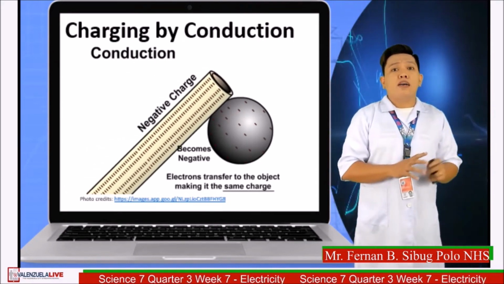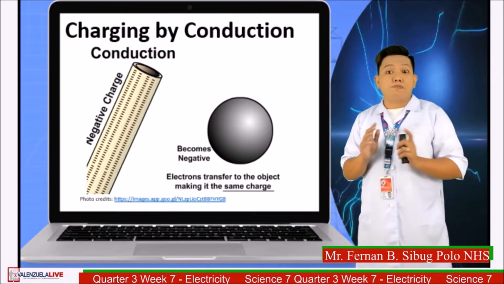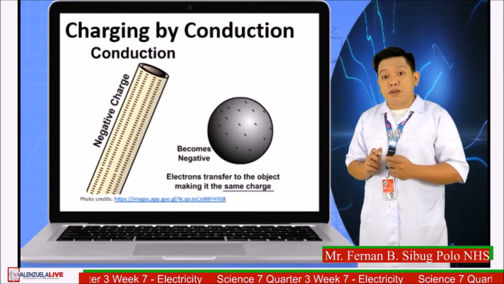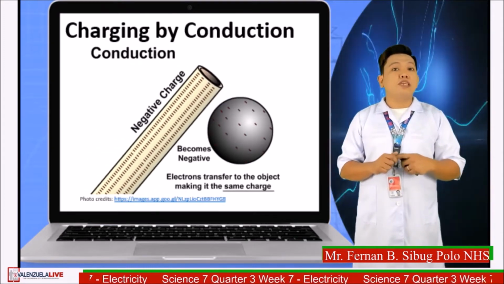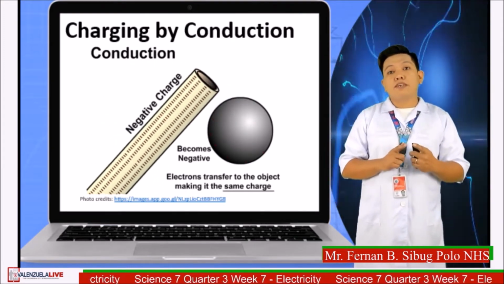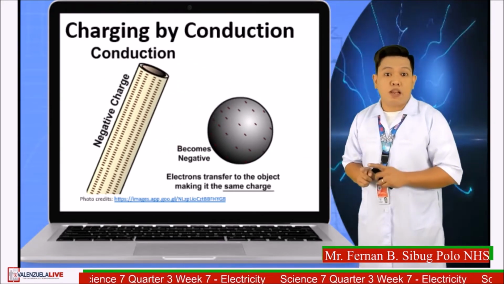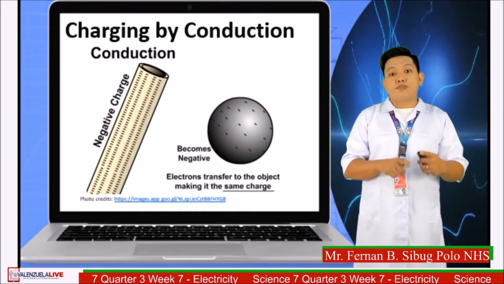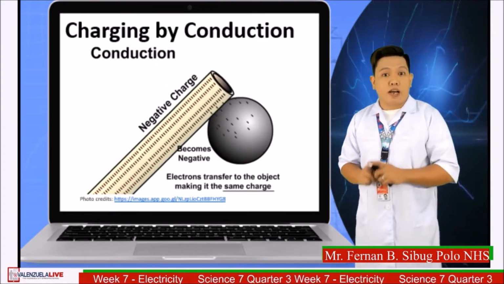During the contact, electrons are transferred from the rod to the metal sphere, making the metal sphere negative in charge. Take note that during this process, one material must be charged and the other one is neutral. Electrons transfer from the negatively charged material through direct contact.